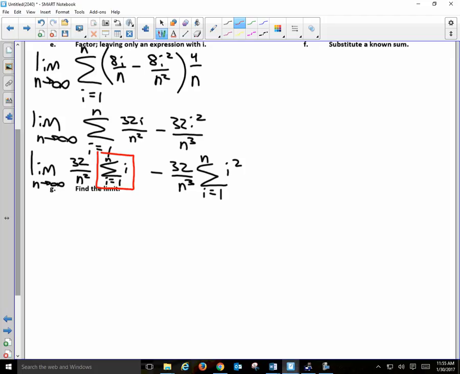So it looks like I now have the limit as n goes to infinity of 32 over n squared times what? What do I put in its place? Good.